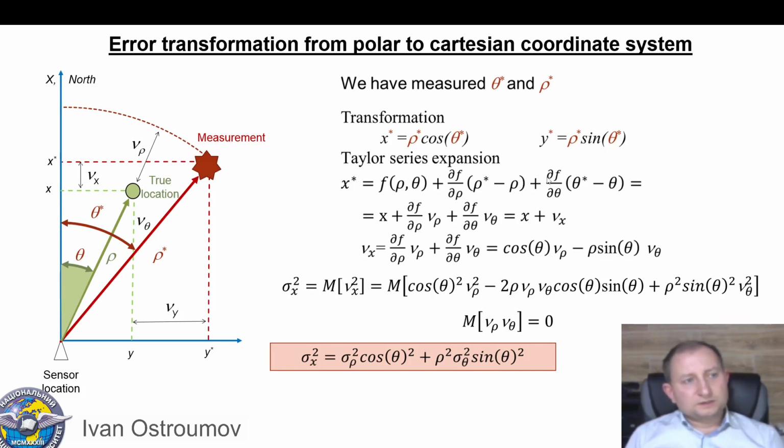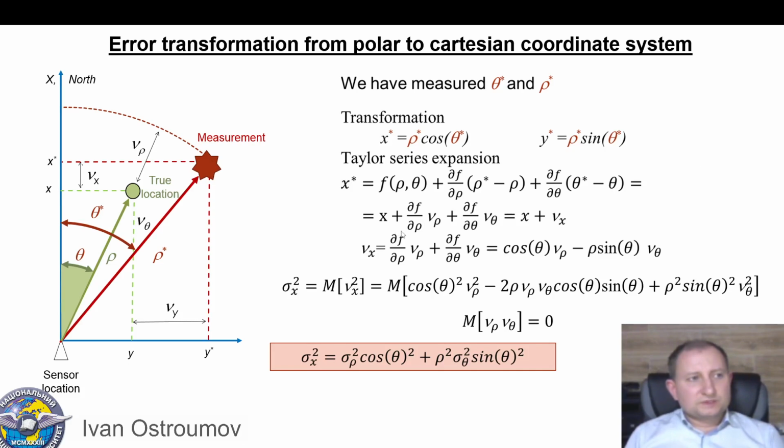In this case, it will be first derivatives of this function by theta parameter multiply with difference between measured and true theta angles.